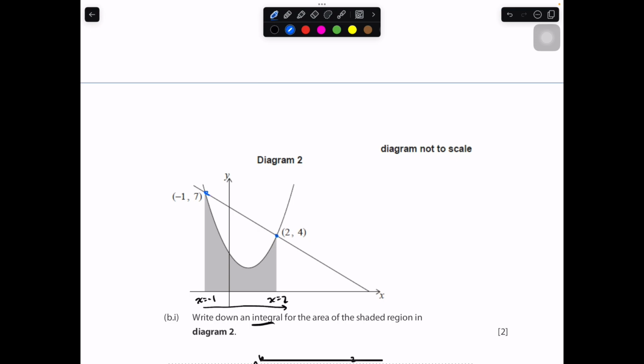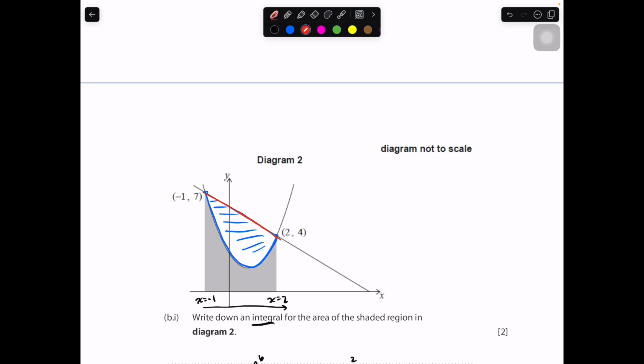So they want us to find the area that's enclosed between this top function and the quadratic. Okay, not too bad actually.